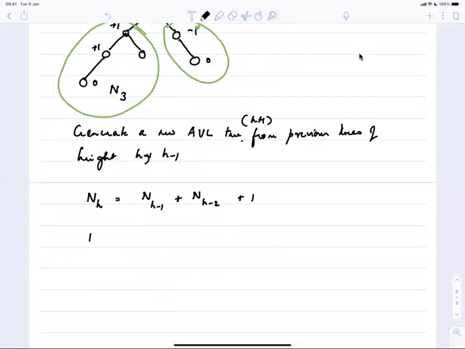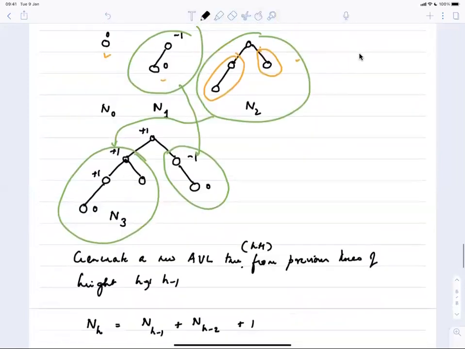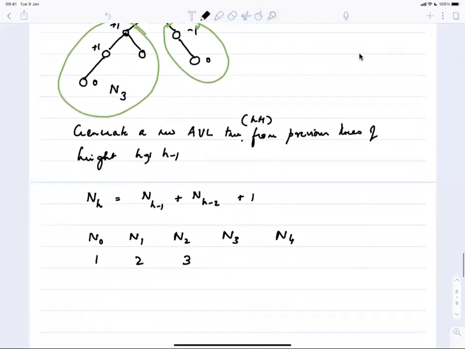If you start with N0, N1, N2, N3, N4, you see that N0 is 1, N1 is 2, N2 is 4, and this becomes 7, and this becomes 12.